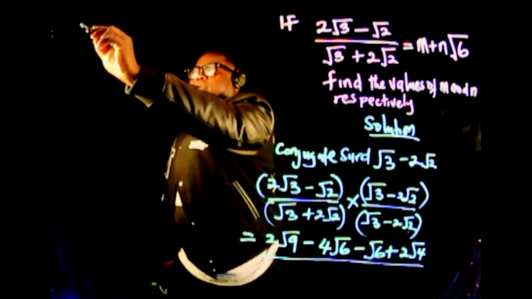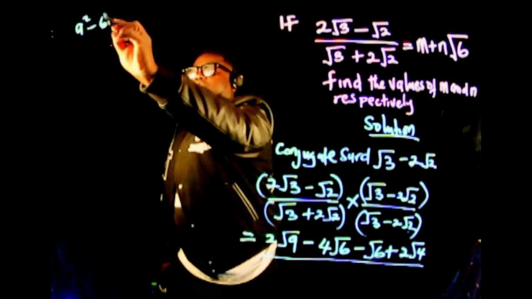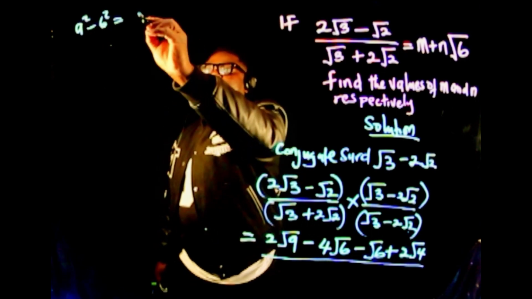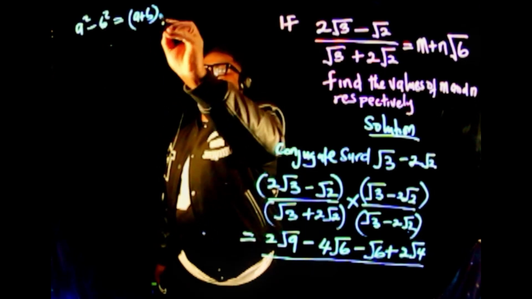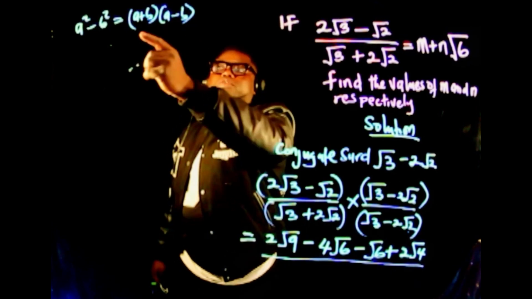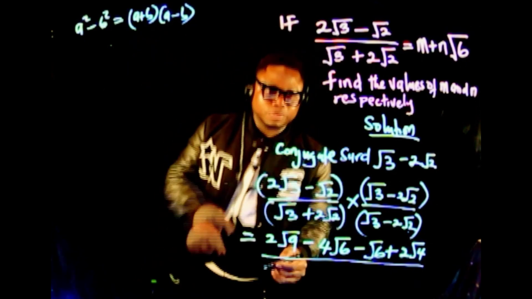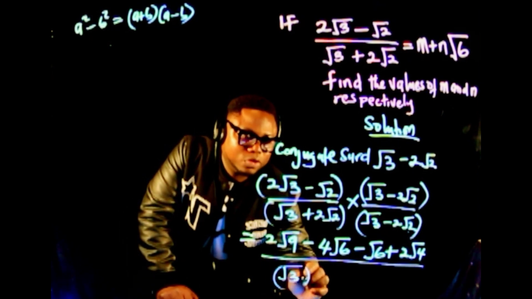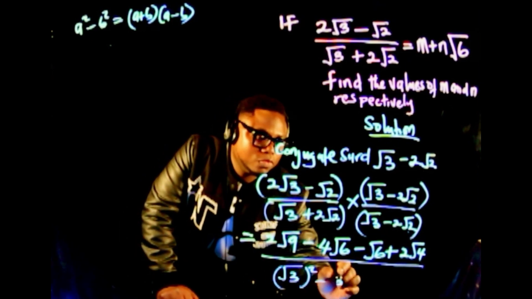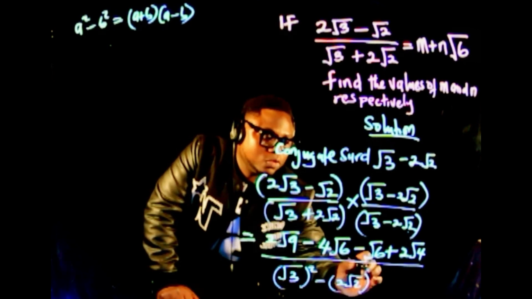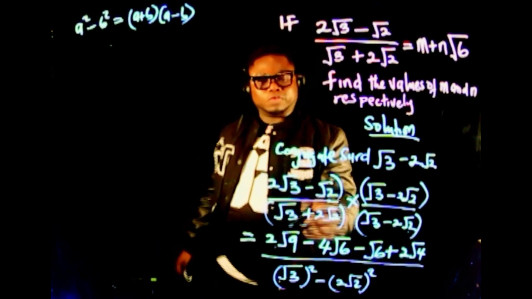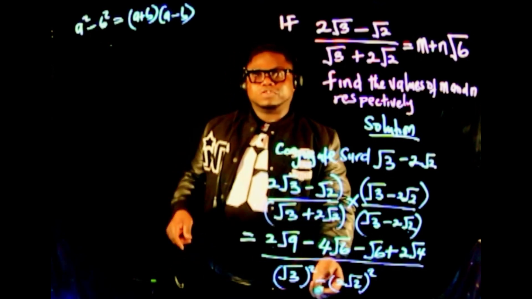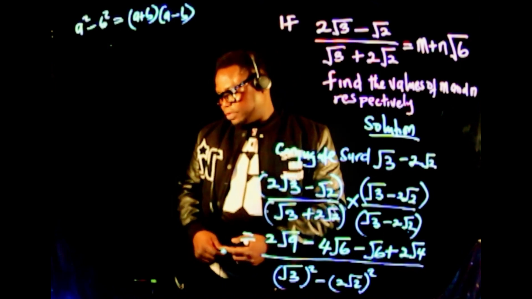That is, if you have, for instance, a square minus b square, it's supposed to be equal to the product of their sum and their difference. So I'm going to use this formula here. That is going to give me root 3 squared minus 2 root 2 all squared. Even if I multiply them individually, I'm going to get the same result, but this is the shortest way to go about it.